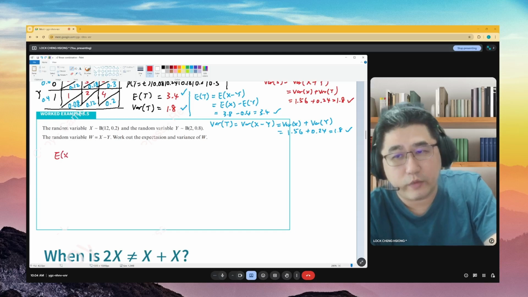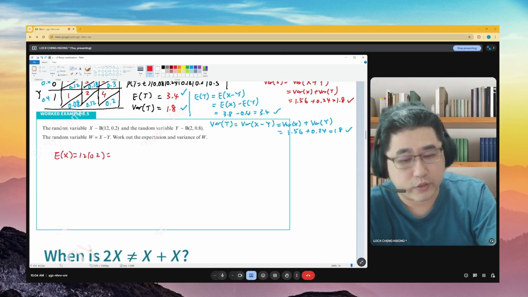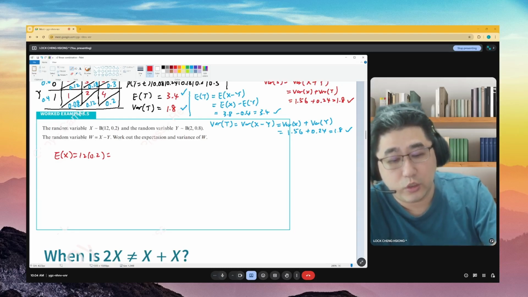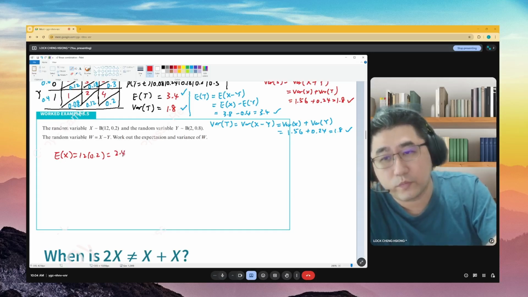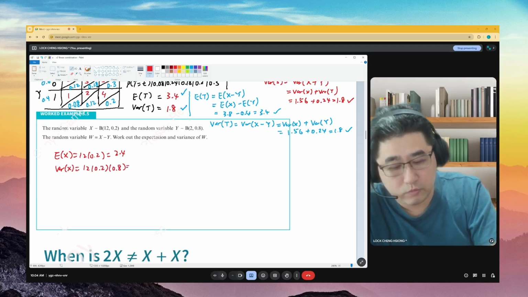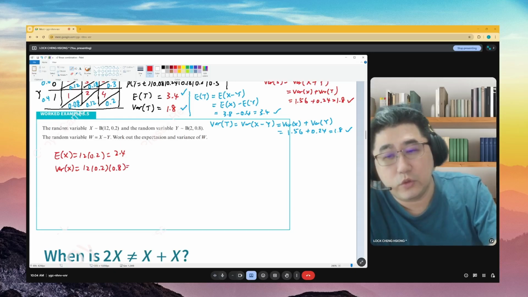So expected value of X equals 12 times 0.2. Press the calculator, 12 times 0.2, so you have 2.4. And the variance of X will give you 12 times 0.2 times 0.8, which gives you 1.92.